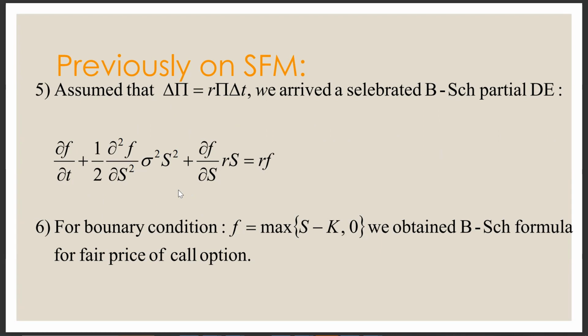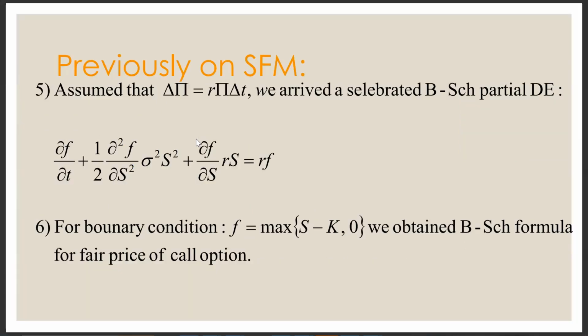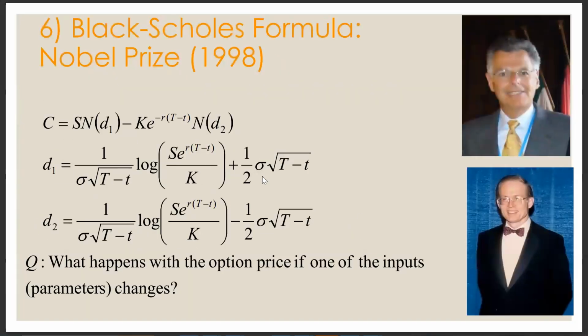And after some mathematical manipulation, we obtained the Black-Scholes partial differential equation. You see this. And for the boundary condition, we obtained the Black-Scholes formula. So it is the Black-Scholes equation and this Black-Scholes formula.